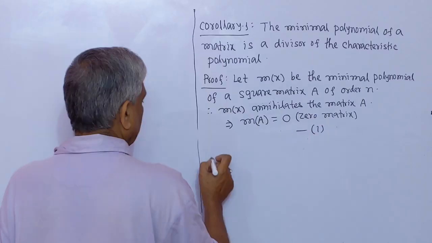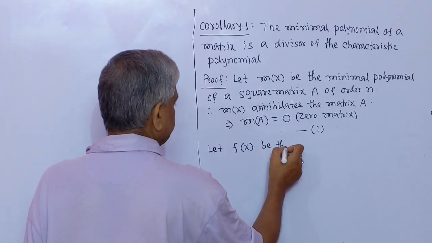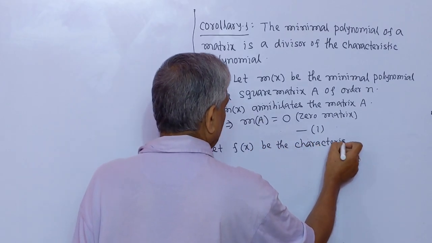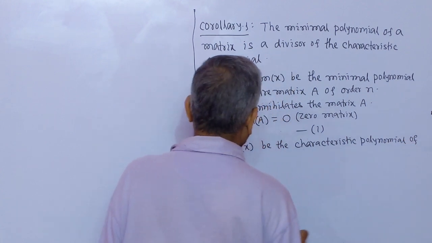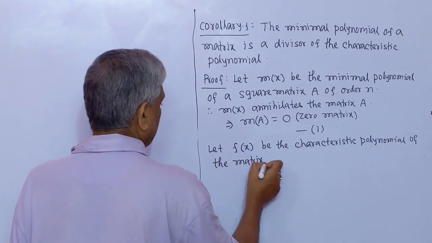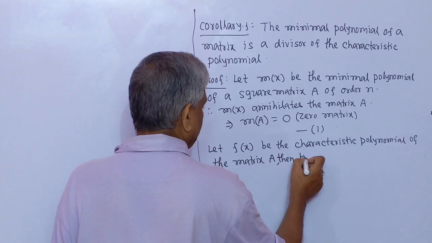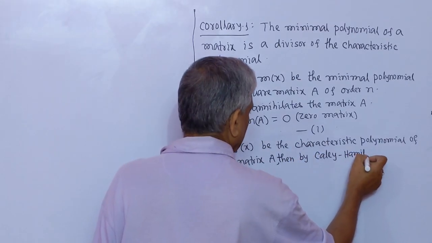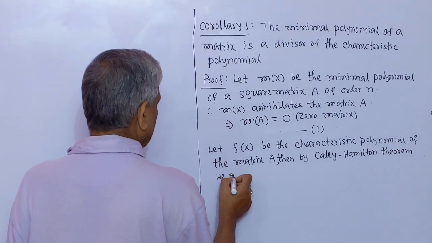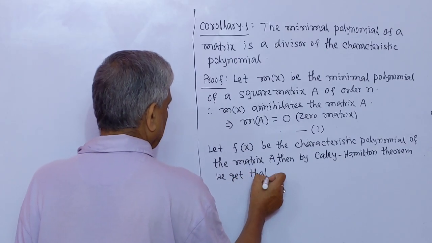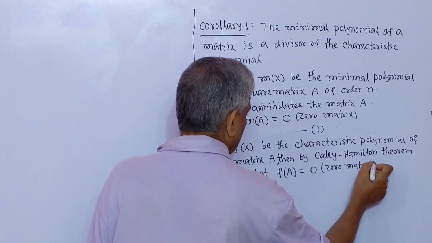This is number 1. Let f(x) be the characteristic polynomial of the matrix A. Then by Cayley-Hamilton theorem, we get that f(A) equal to 0 matrix. This is number 2.